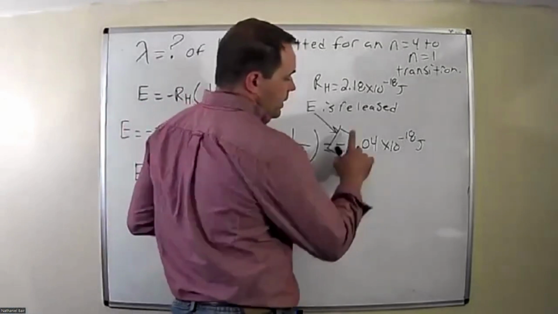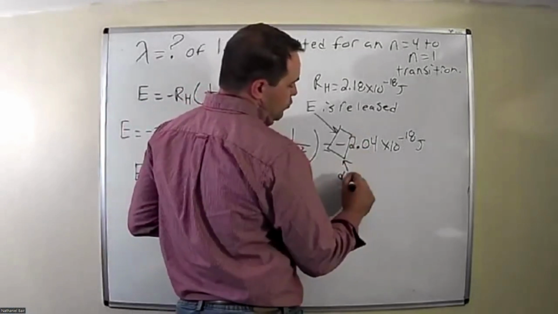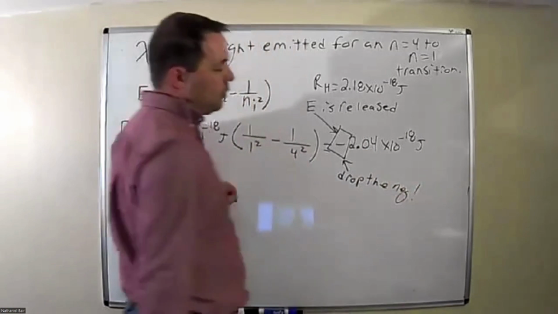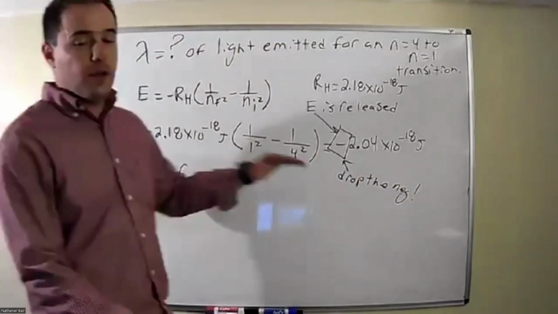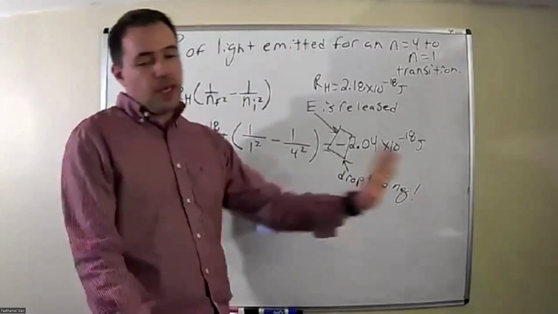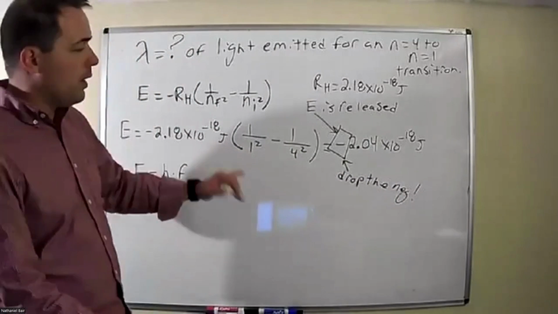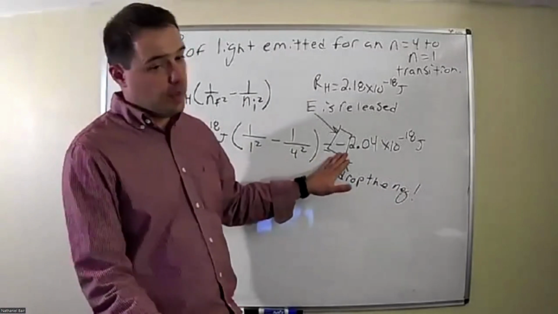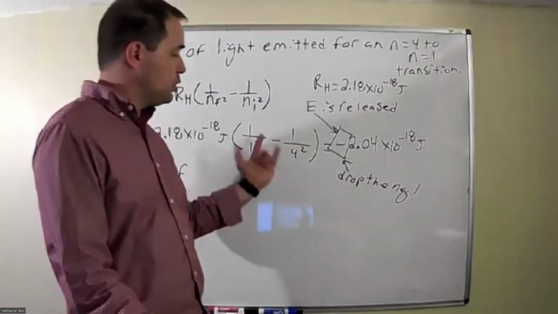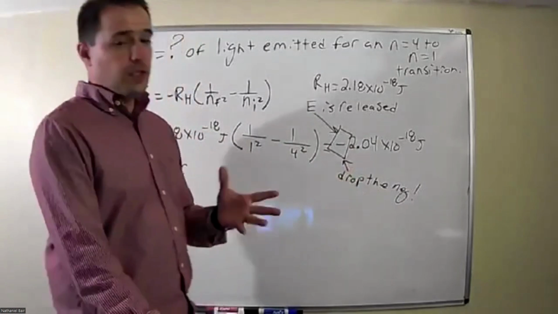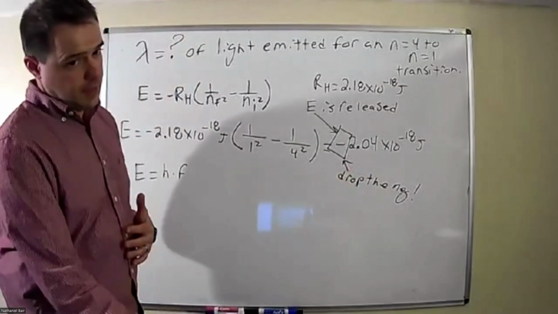If you got a negative energy here, you need to drop the negative sign before you go on to the next step. Leave it here. That tells us energy is coming out. It's being released, not absorbed. If I was going from 1 to 4, I would have to absorb this much energy. We'd get a positive answer. So if I switch those two, we'd get a positive 2.04. But we need to drop that negative before we take it to the next step and do some math.